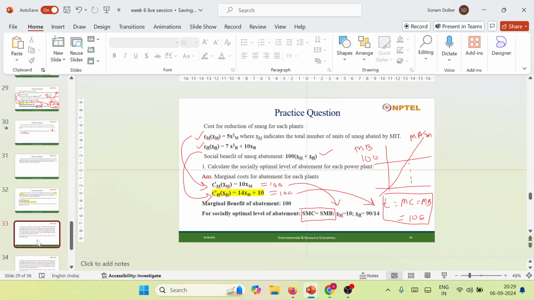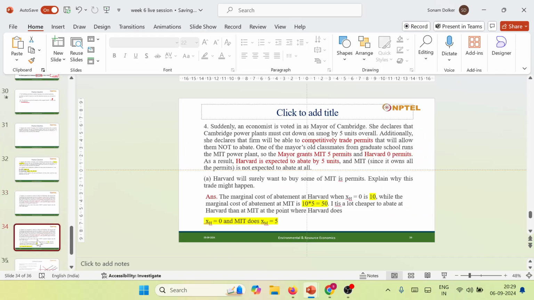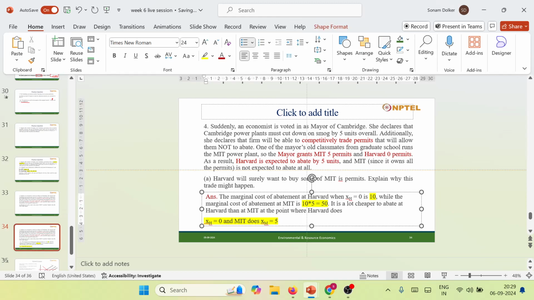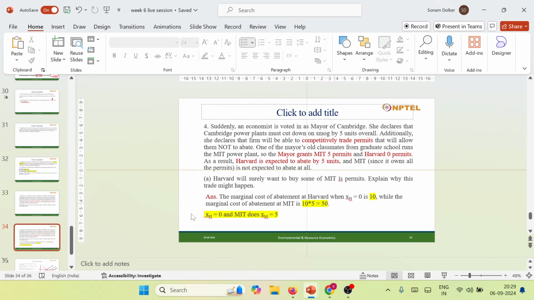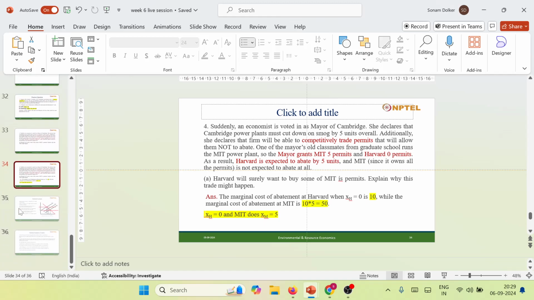So that is what we have discussed in the question here. It is written wrong, so I'll just erase. So the conclusion is that the abatement needs to be done by MIT rather than Harvard. The Harvard plant will incur a higher cost if it has to abate the pollution. So that is what we have concluded from this part.